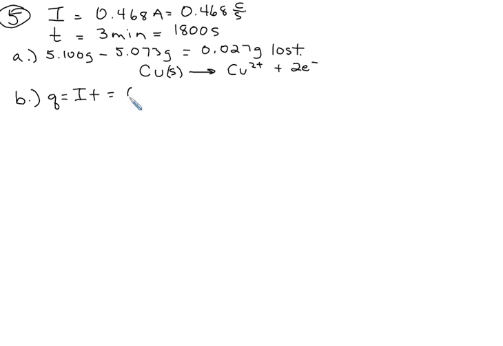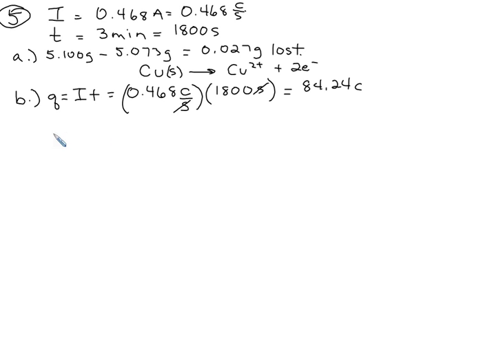So we have 0.468 coulombs per second, and we are going to multiply that by our time, which is 1,800 seconds, and seconds cancel out, and we're left in coulombs, and we grab our calculators and do the math, and we get 84.24 coulombs.